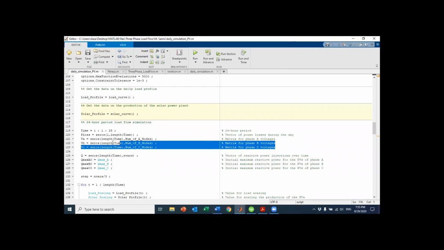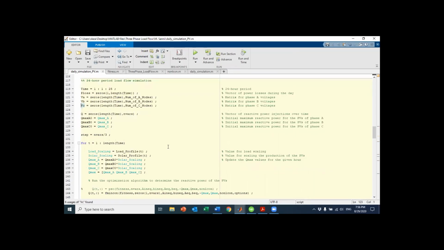This is just initializing the vectors for the power losses in the system, voltages of phase A, voltages of phase B, and voltages of phase C. These are the initial maximum reactive power for the PVs of phase A, B, and C. This is how much reactive power the PV can output for the initial case, if the production of the PV is maximum.